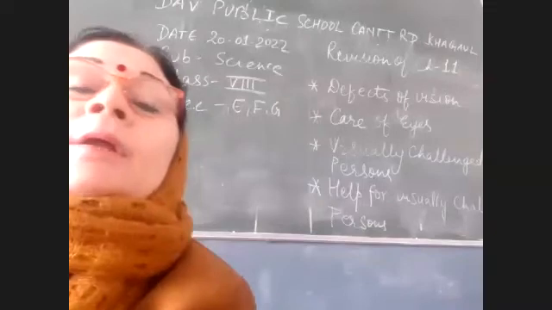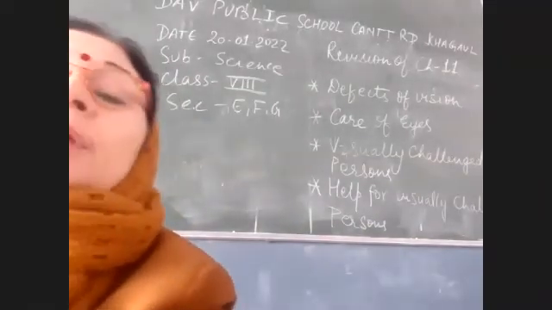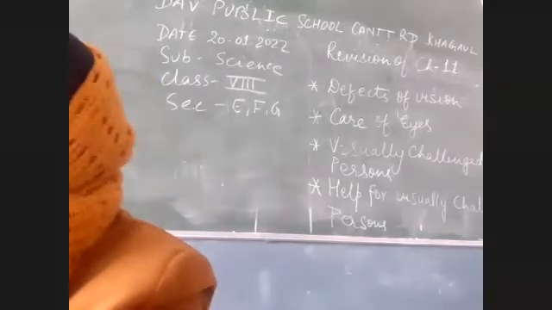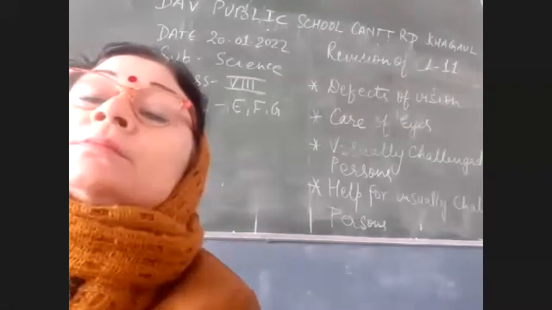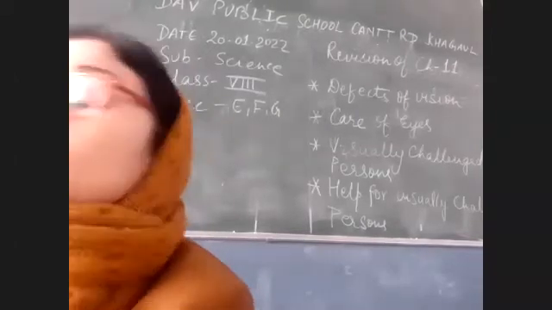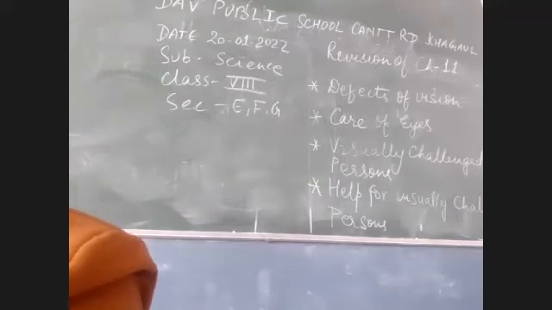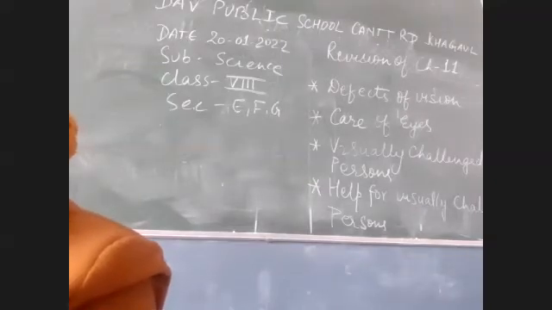Okay. Then Deepak Kumar. Yes, ma'am. What is cataract? Cataract is a disease that happens because of the development of a membrane over it. When this happens, the person is said to have a cataract.